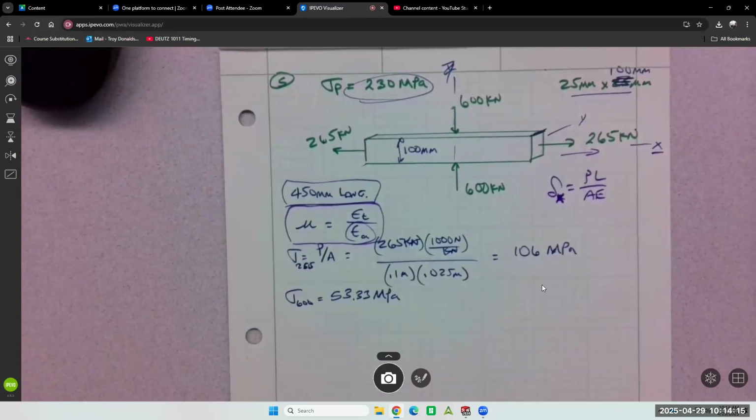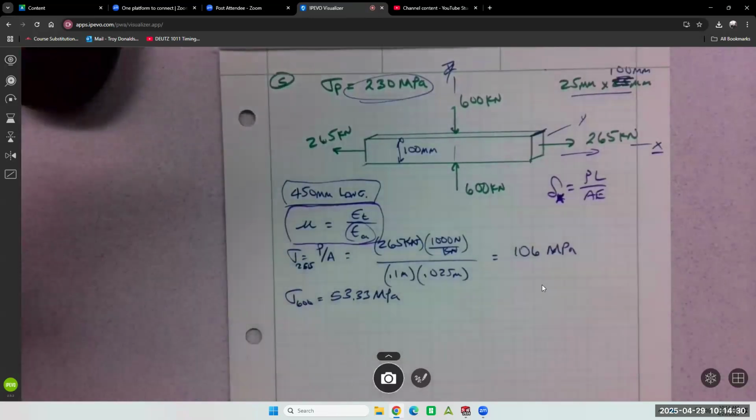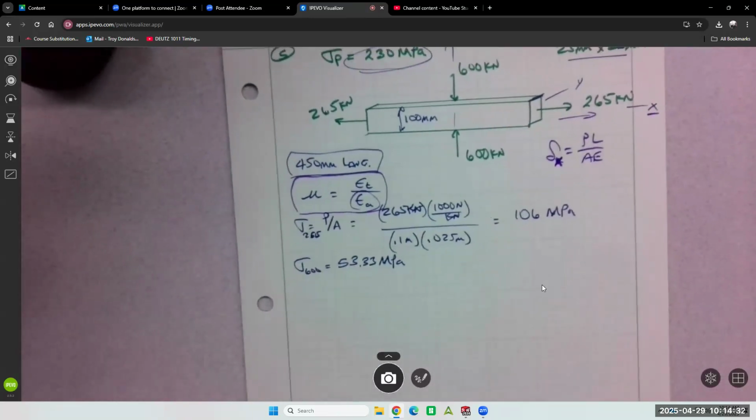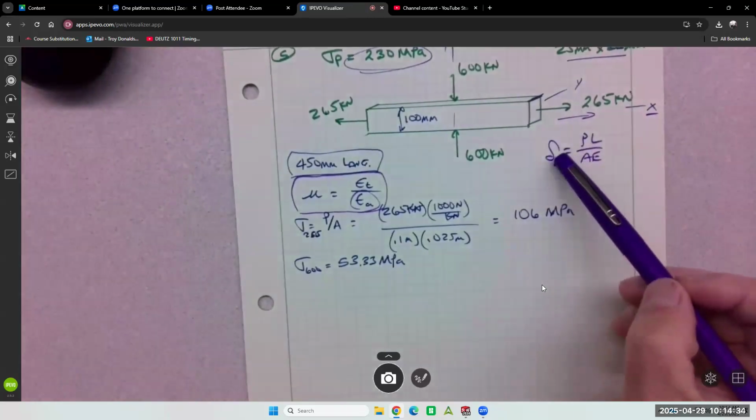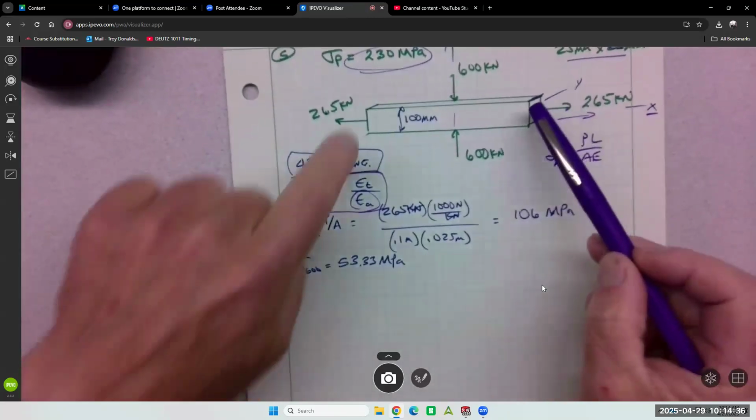Everybody did great on the quiz, but many of you forgot to tell me whether it was an increase or a decrease. I didn't mark off for that, but this is super important. So this is clearly going to be an increase, right? We're going to stretch.